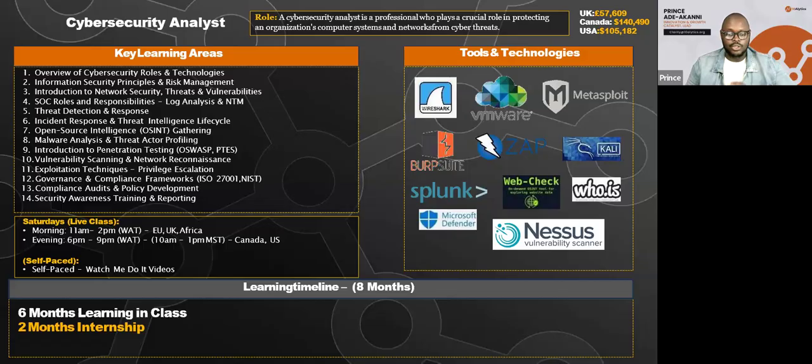We don't just teach you everything and expect you to perform miracles. No, we teach you, then we expect you to go practice. We even expect you to make mistakes so that you can bring these mistakes into the classes and we'll guide you on how to solve these problems. And this is why the duration of your training is 6 months.